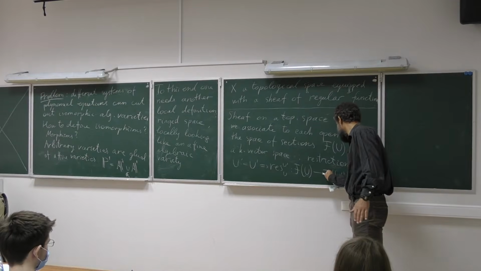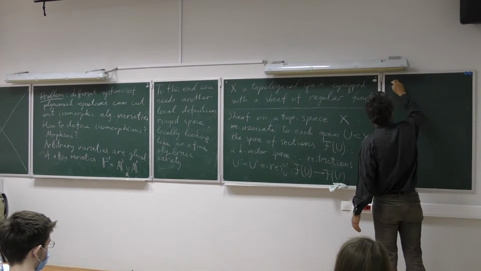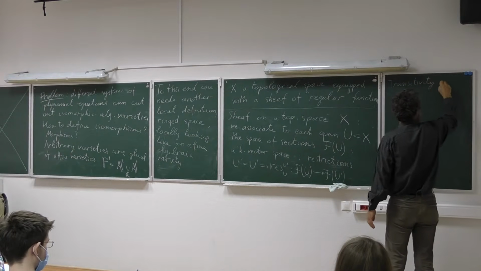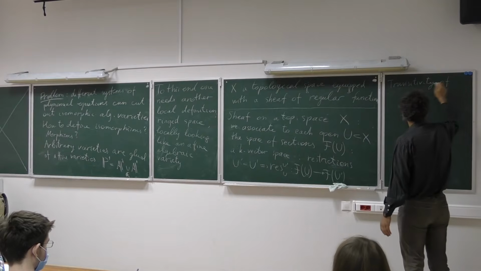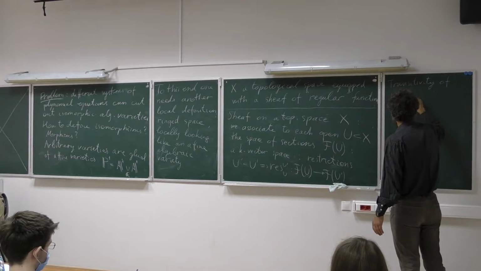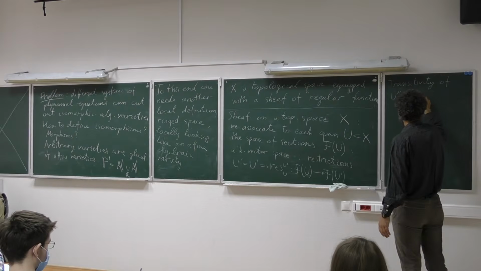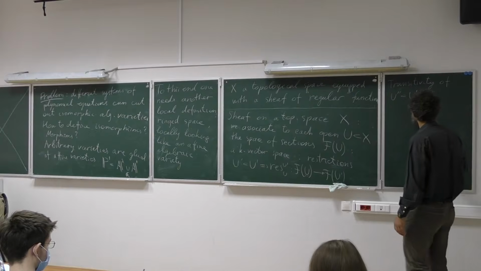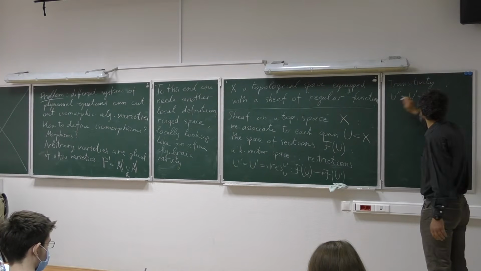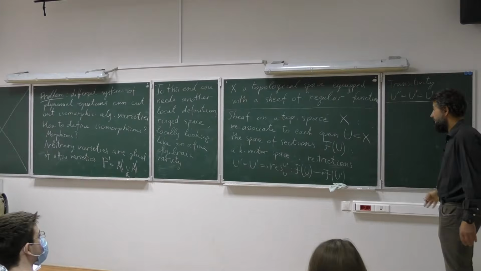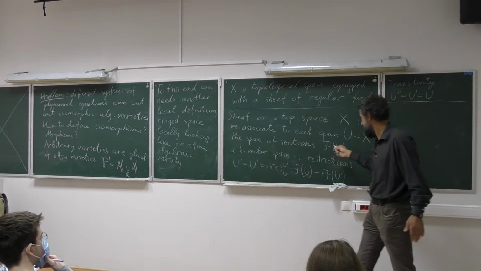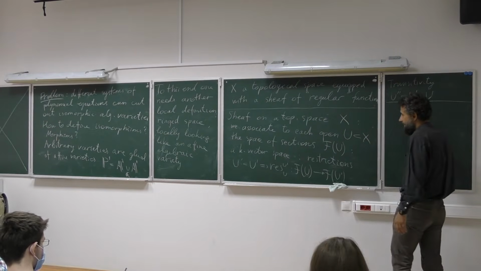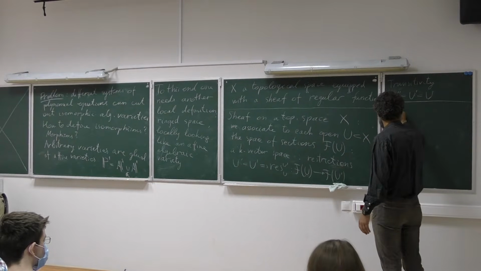Well, maybe you need some transitivity. When you have U double prime inside U prime inside U, then you can restrict in two ways. Okay, and this is the whole collection of data, but now they have to satisfy certain requirements, and this requirement is locality.